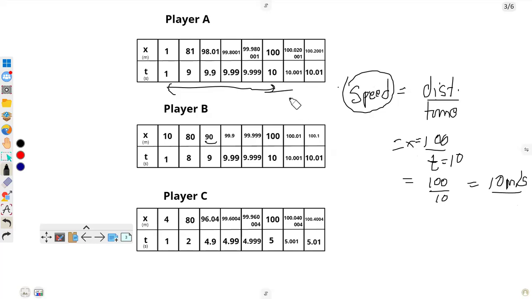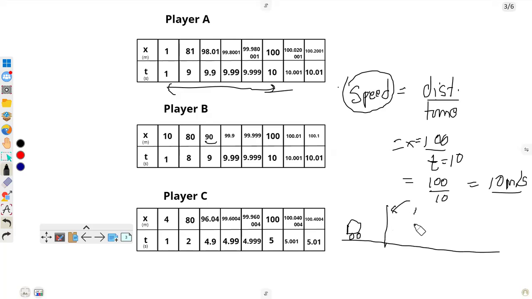Okay, let us do some calculations. We're actually given कि 9.999 seconds पे उसकी जो distance थी it was 99.980001. So अगर हम let us look at कि जो player A था, ये player A है, ये finish line है.